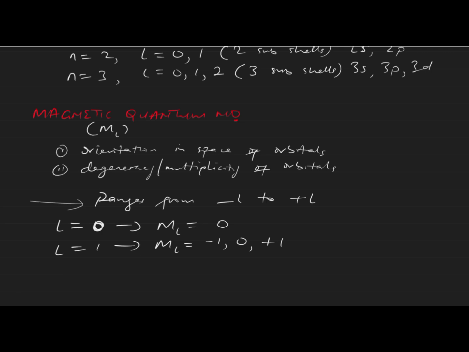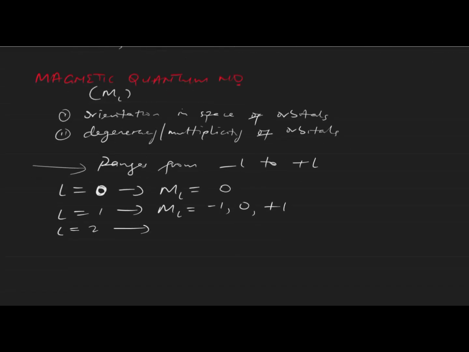Now, in the case where l is equal to 2, let's see the number of degenerate orbitals that we are going to have. So we have m_l equal to minus 2, minus 1, 0, plus 1, plus 2. So that gives us 5 degenerate orbitals.